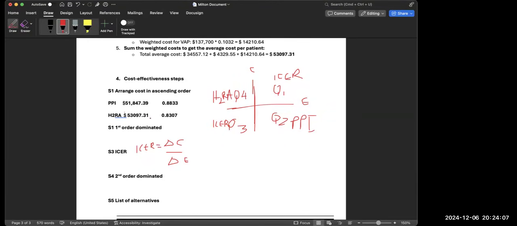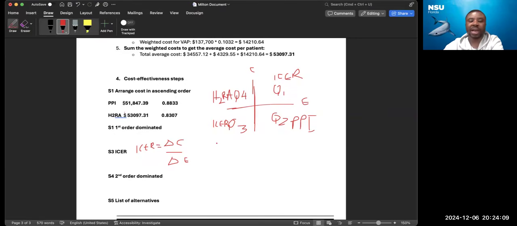Okay, got it. So here, in order to do the ISA, we just have to subtract 0.97.31 minus 51.8747, sorry.